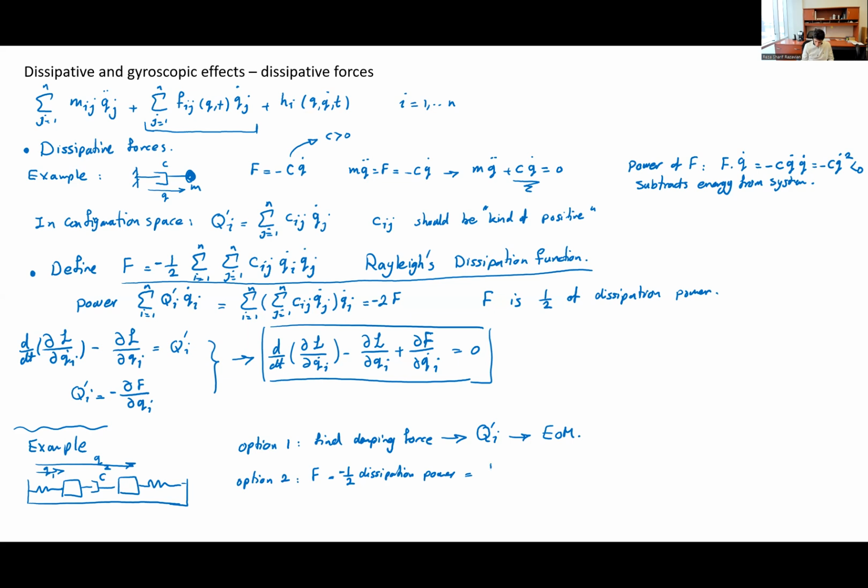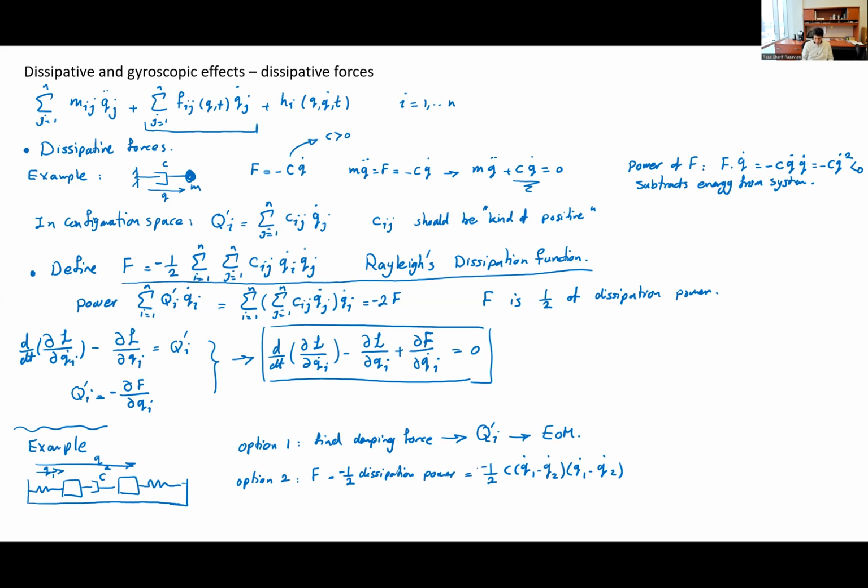And I know my dissipation is the magnitude of the force, which is C times (q dot 1 minus q dot 2), the shortening velocity of this damper, multiplied by the shortening speed by which the force moves, which is again q dot 1 minus q dot 2.